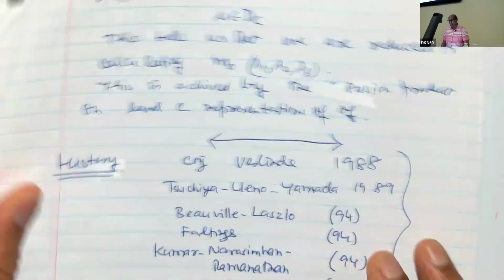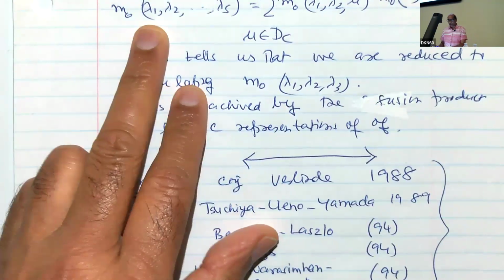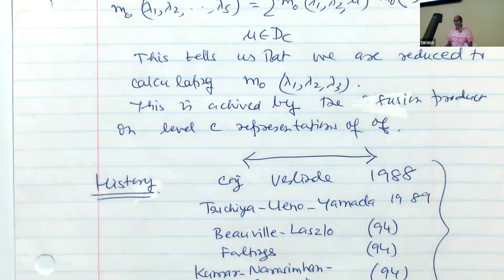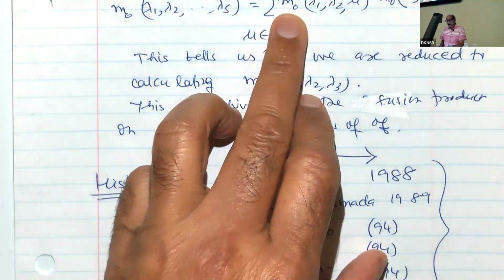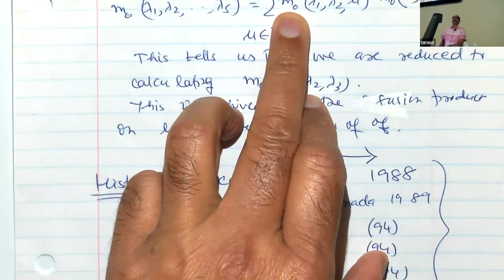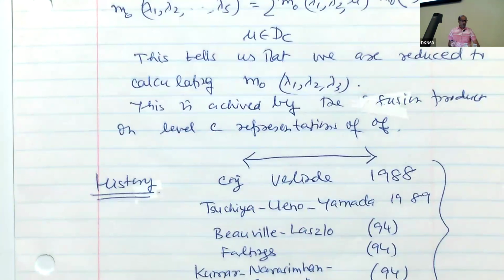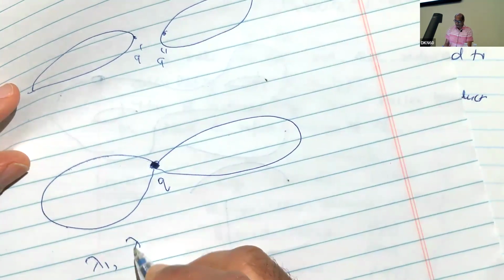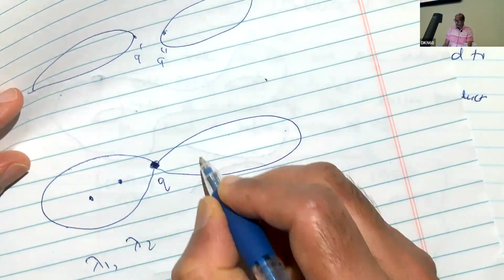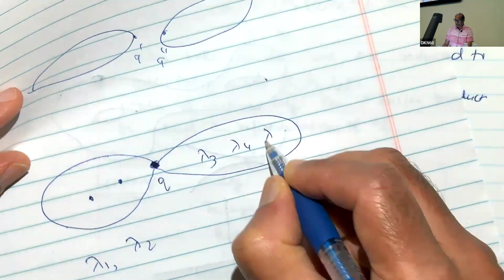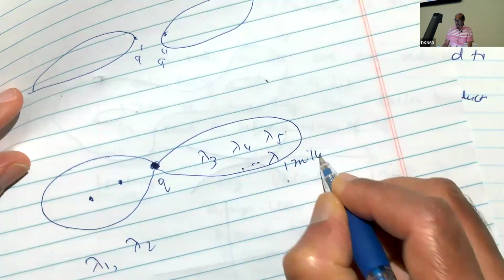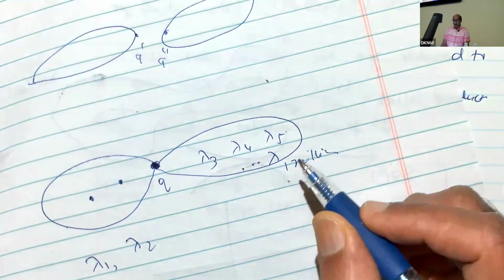So we had the problem about M_0, but maybe with a million points. Now, if I apply the factorization theorem, what I'm going to do is take lambda 1, lambda 2 here, and throw lambda 3, lambda 4, lambda 5, and so on, up to lambda 1 million, on the other side.